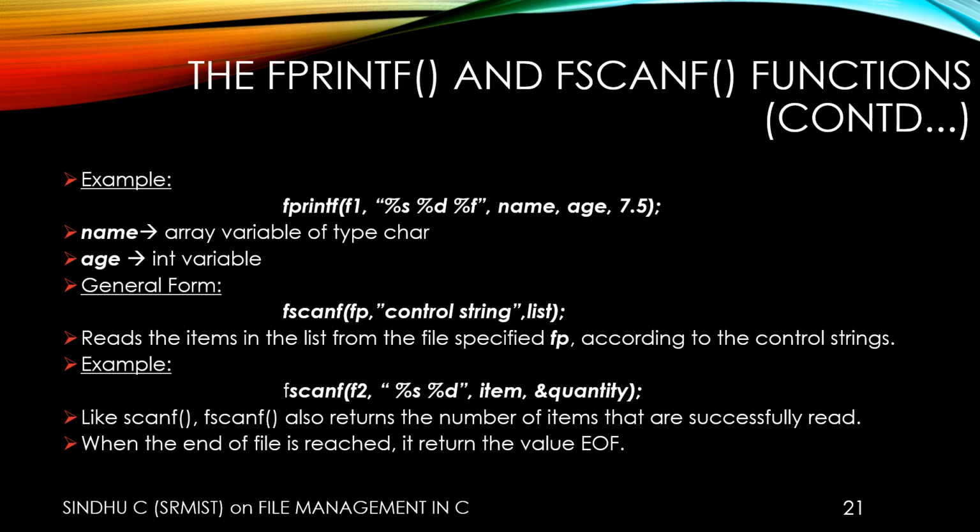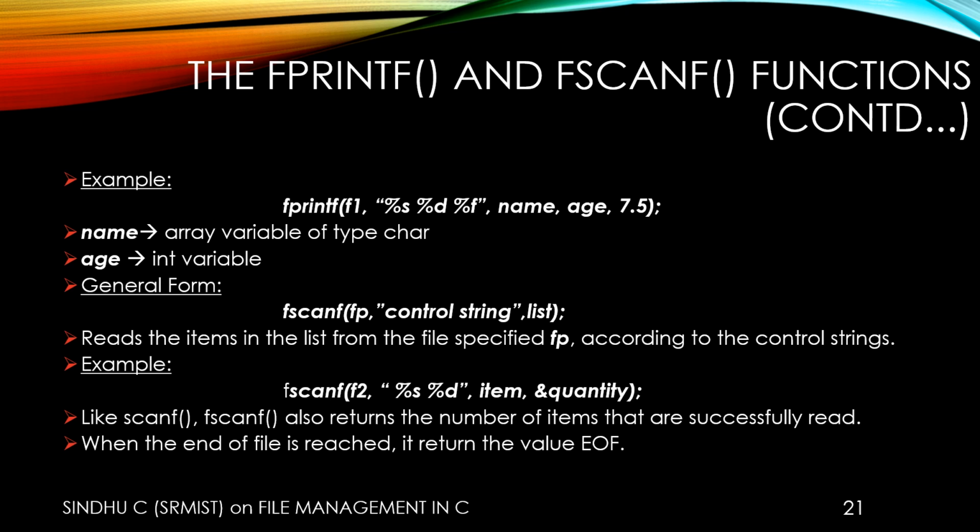That is fprintf. Now let us consider fscanf's general form. It takes three arguments. fp is the file pointer variable. Then you have the control string and a list. fscanf helps in reading the list of items from the file specified by fp according to the control strings.